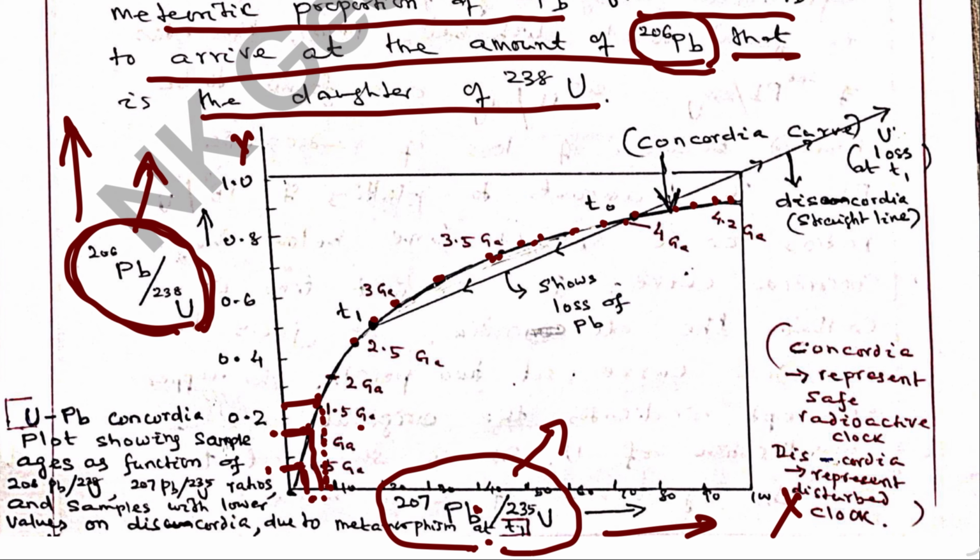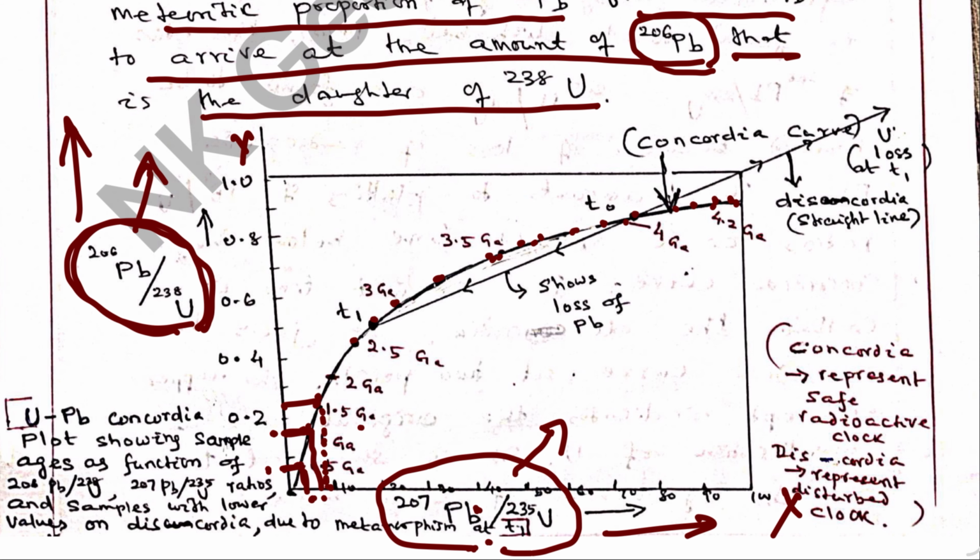So this line is the Concordia line, which shows the concordant age, or the age that has been proved by the Pb206 by uranium-238 ratio and the Pb207 by uranium-235 ratio. When both indicate the same age, that point is taken corresponding to their ratios.